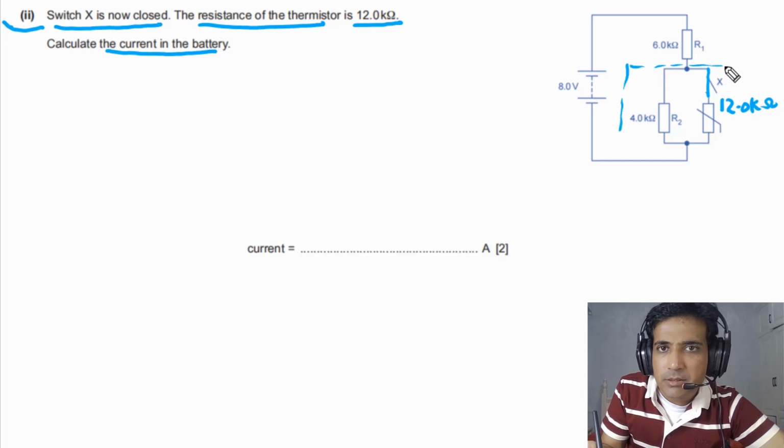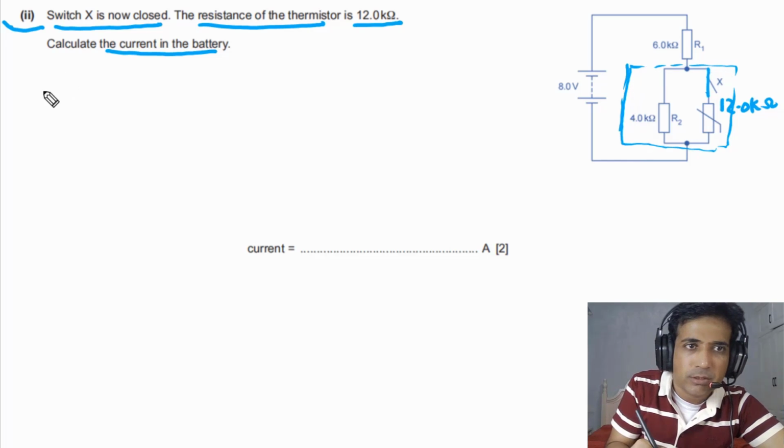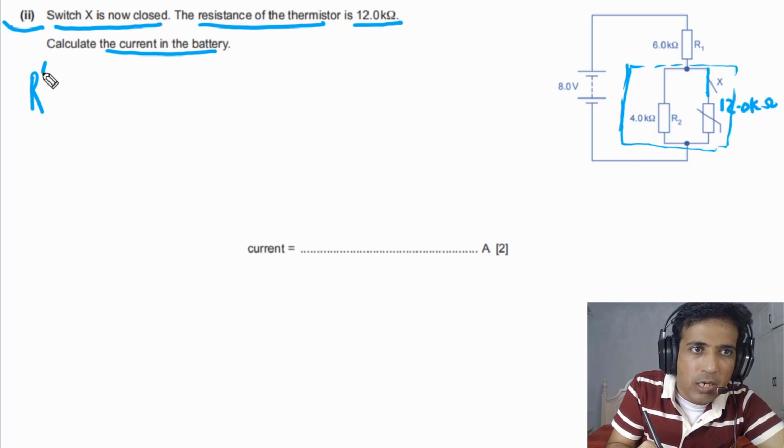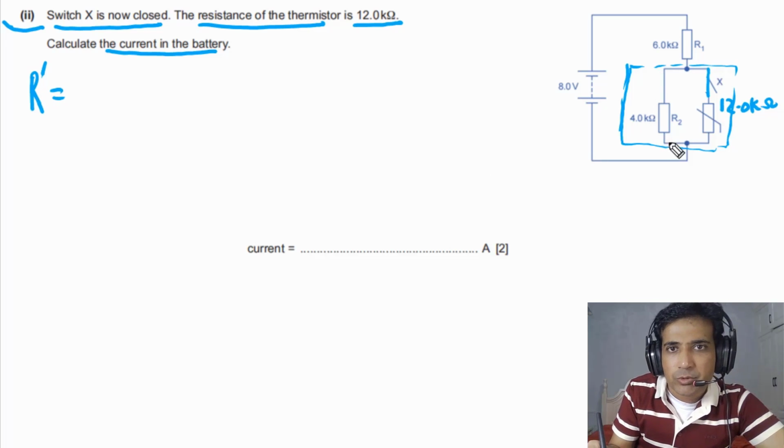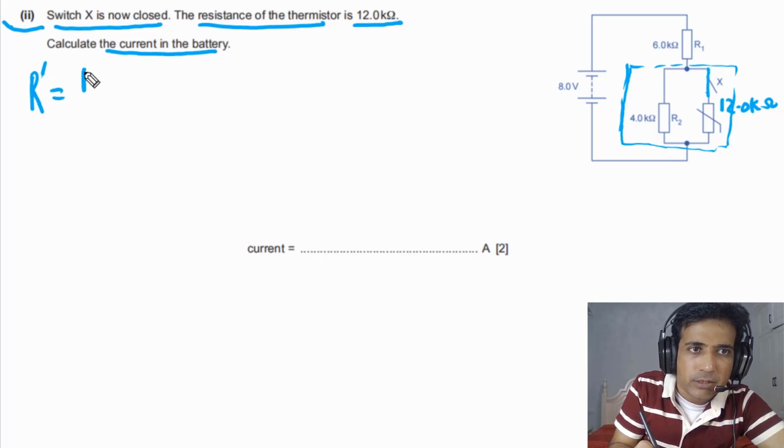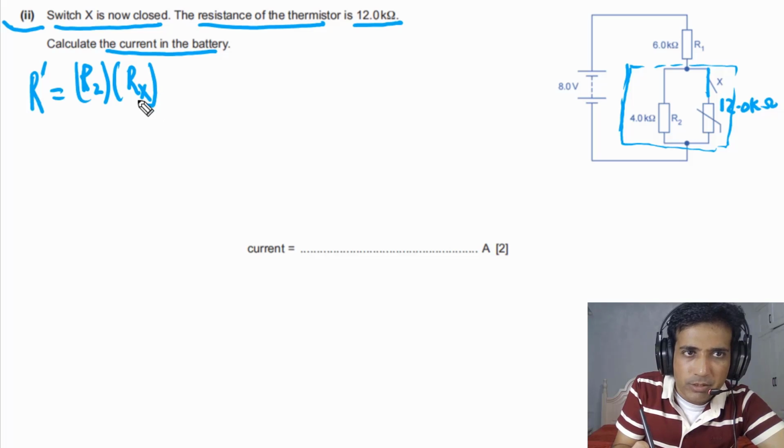And we can assume that the total resistance of these 2 resistors is equal to R prime. We need to find the total resistance of 2 resistors in parallel. So simply we can say R prime will be equal to R2 times Rx, meaning the resistance of the thermistor, divided by R2 plus Rx.